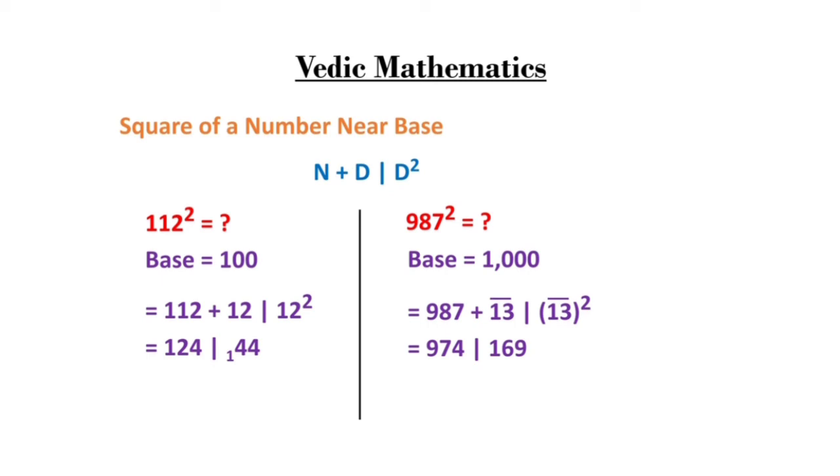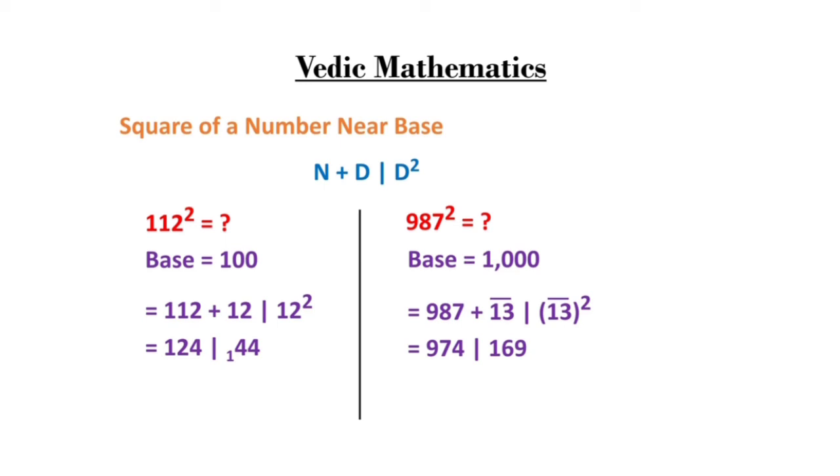Moving on to the next step, observe carefully. The second part in 112 square has 3 digits, but base 100 has 2 zeros. So the 1 in the 100 place has to be carried to the first part, which becomes 124 plus 1 equals 125.